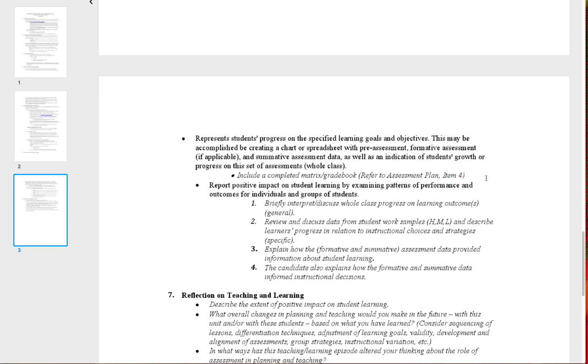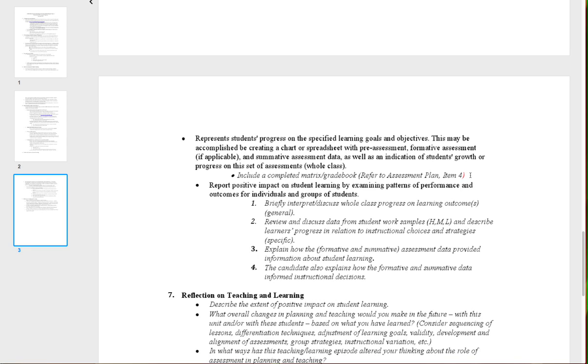So now you have the completed matrix, and you have to make sure that you include this completed matrix in this section, so that in the following section, when you talk about your impact on student learning, whoever's reading your discussion can look back at the matrix and see proof of that. So make sure that you include your matrix from your assessment plan, your gradebook.